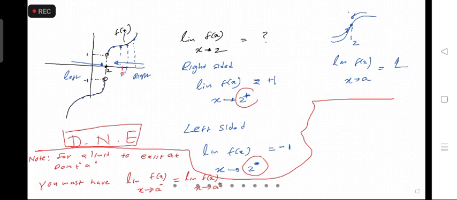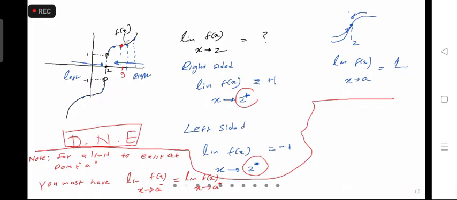Now tell me again about this one. Let's assume the point x equals 3. Tell me, can you find the limit at the point 3 or not? By looking at this graph, you can tell.